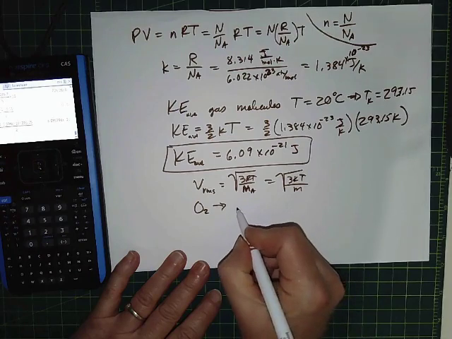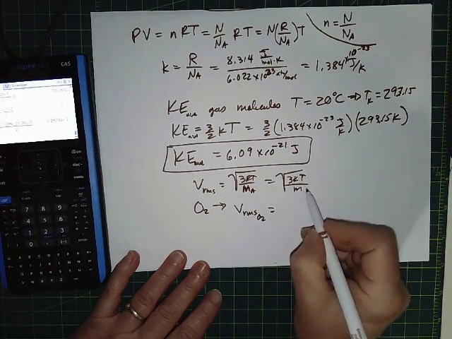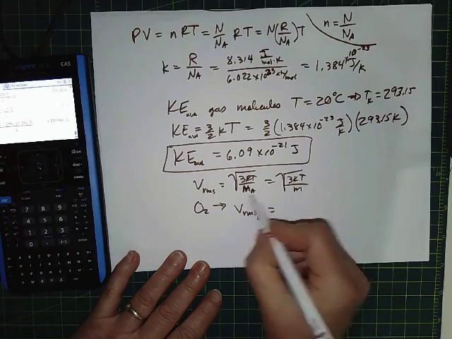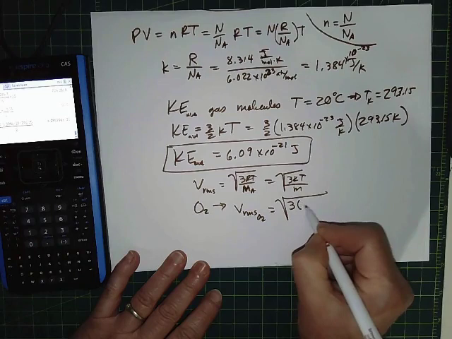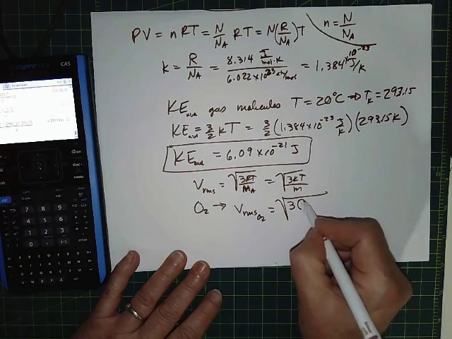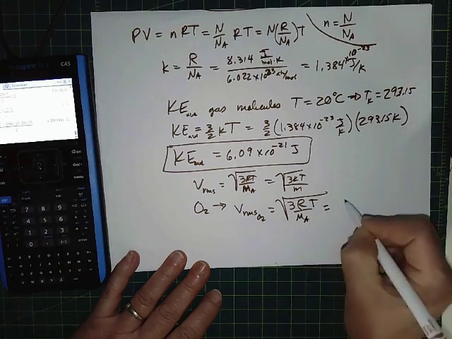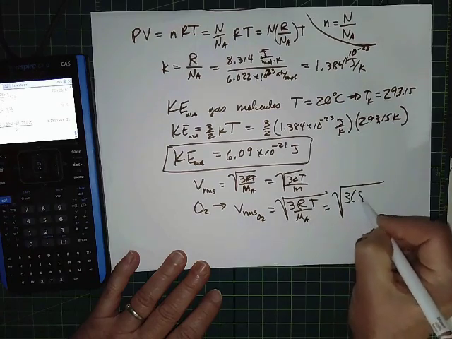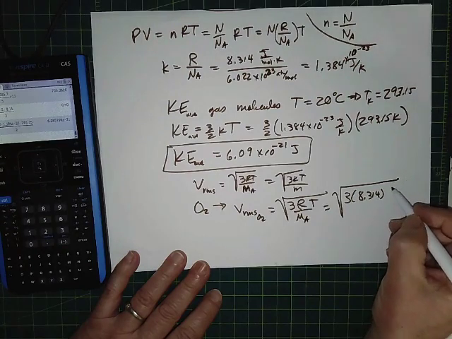And so in this case, vRMS for the oxygen, let's use this one because we can figure out the molar mass of oxygen. So it's the square root of 3RT over MA. R was 8.314 joules per mole Kelvin.